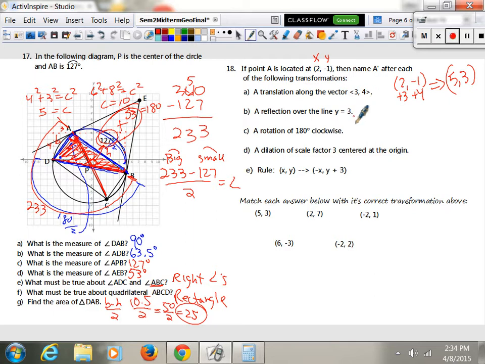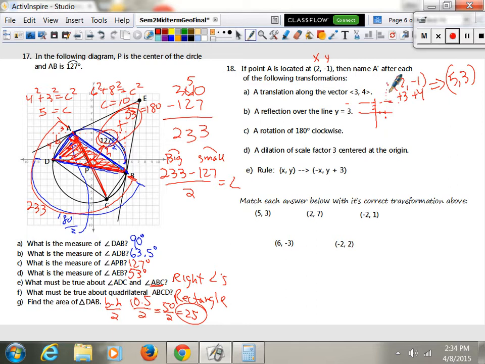You reflect it over the line y equals 3. You've got the point 2, -1. And you're going to reflect it over this line right here. So right now it's 4 below the line. You got to go 4 above.